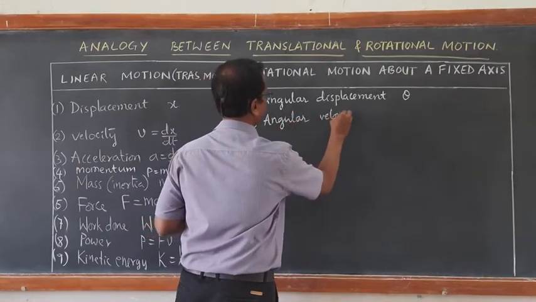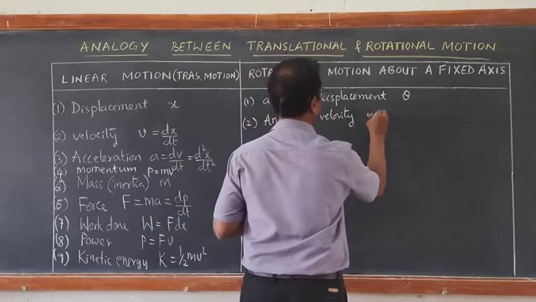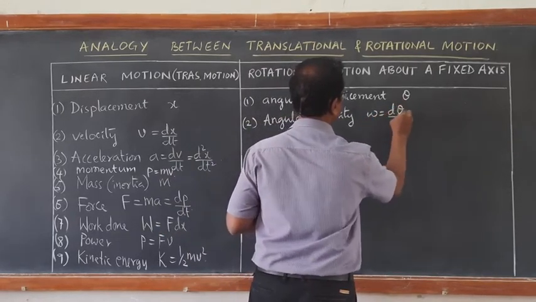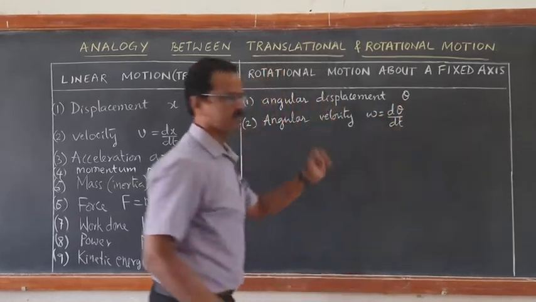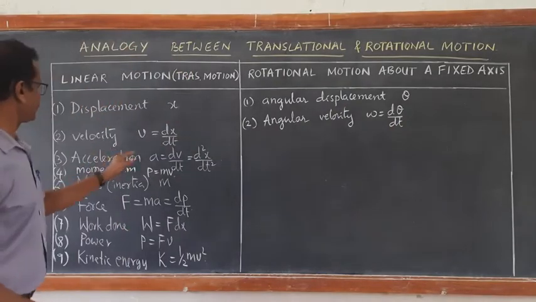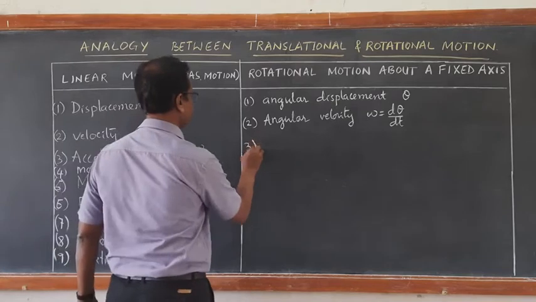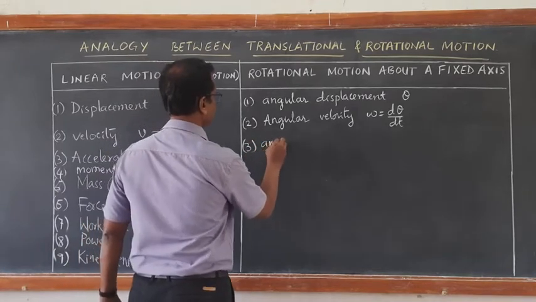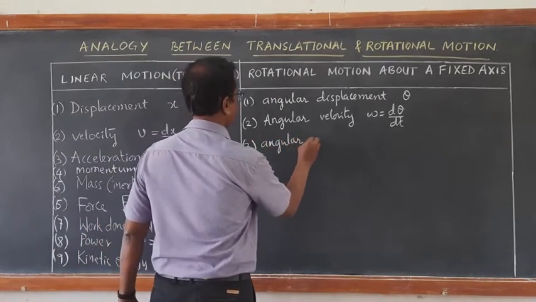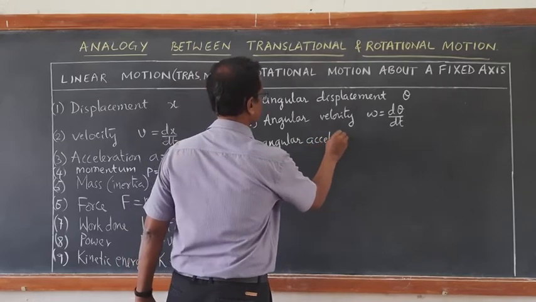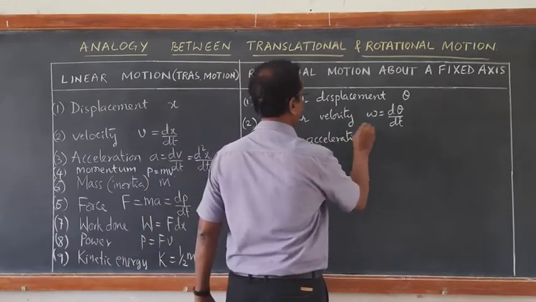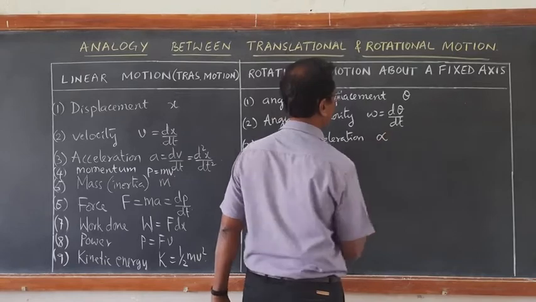Angular velocity omega is equal to the rate of change of angular displacement. Easy to compare. Then acceleration is replaced by angular acceleration, denoted by alpha.